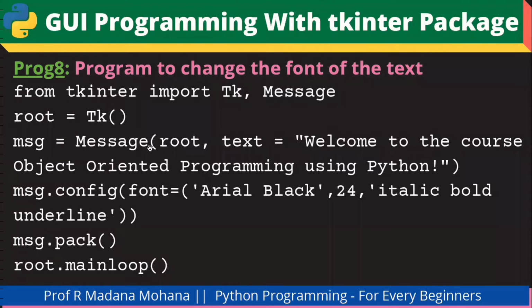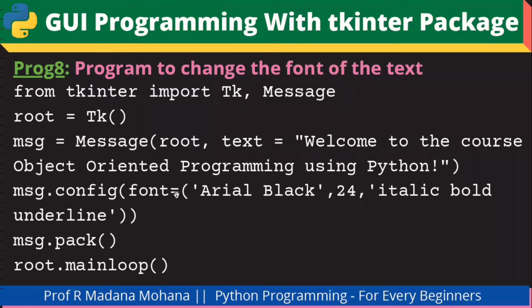Label is also similar, Label of root comma text equal to, but there only the label is displayed, you can't change the font. So now message equal to Message of root comma text equal to, whatever the text, suppose here welcome to the object oriented program using Python. Now using the configure method on the message object we created, that is msg.config, here you can mention whatever font you want.